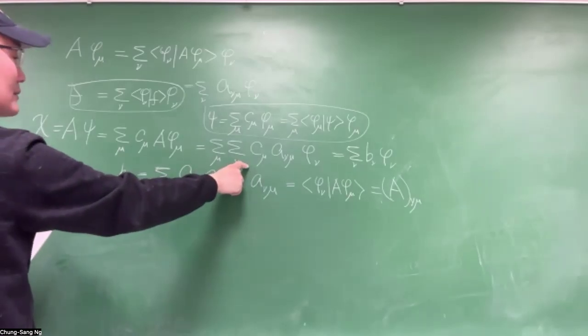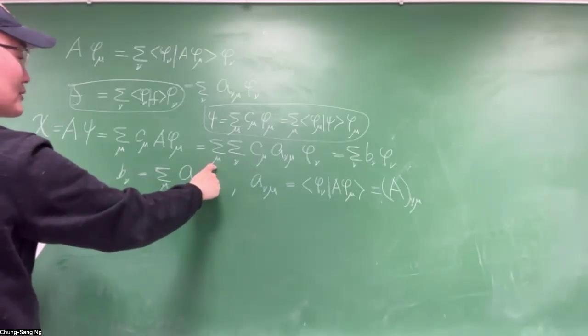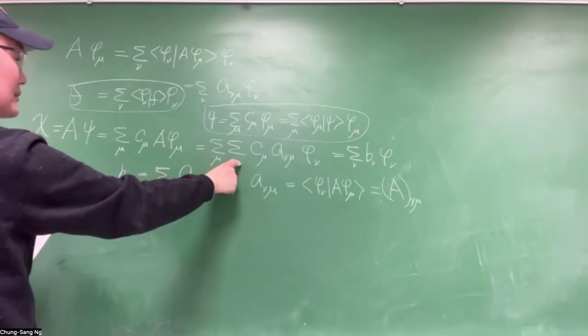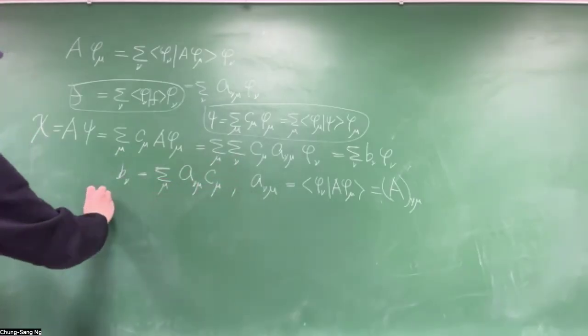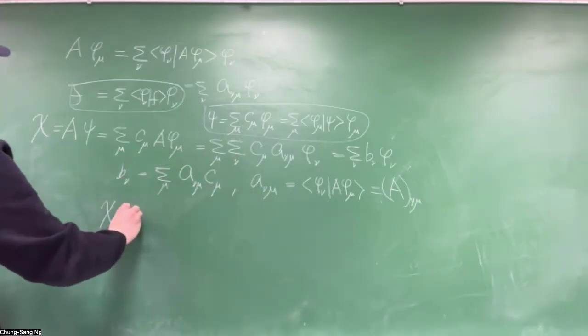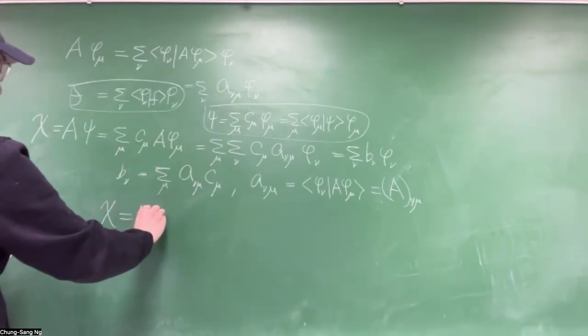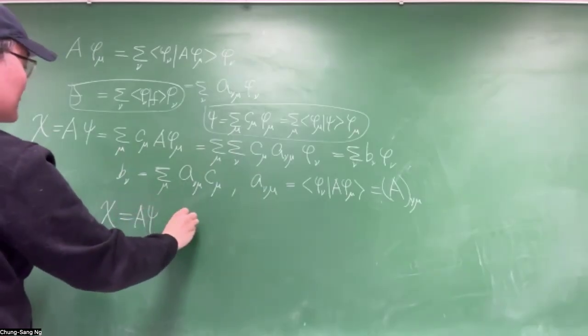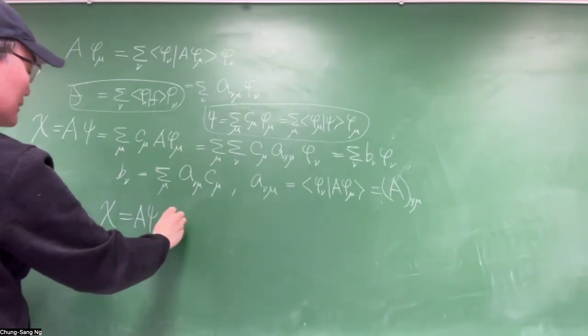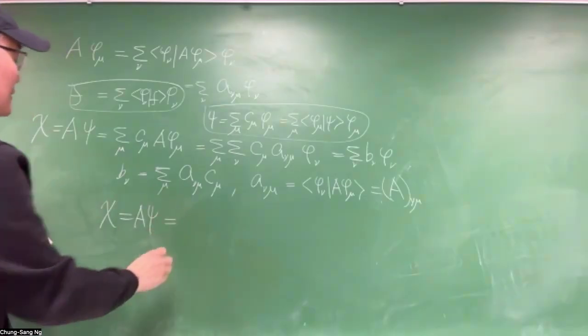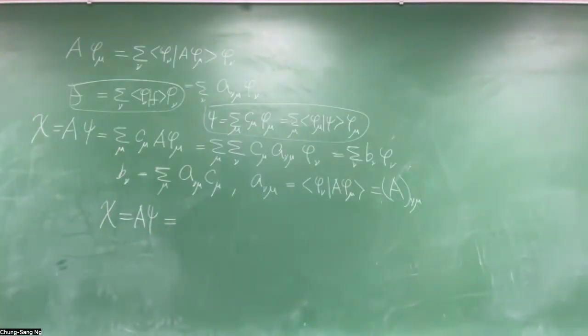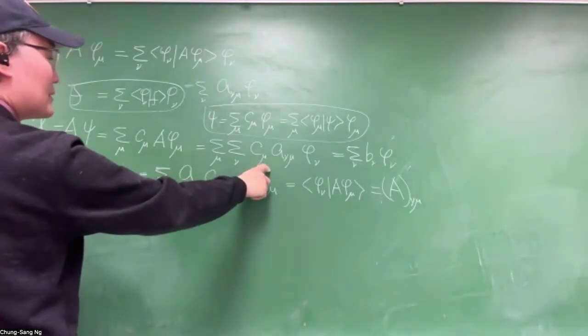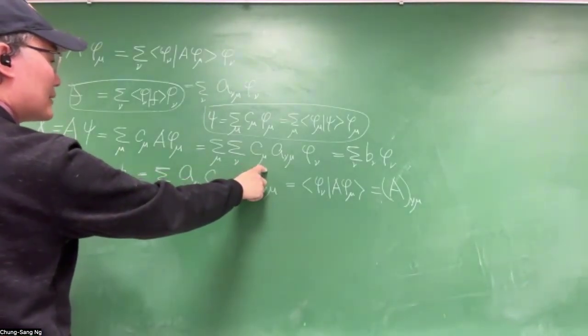So you can actually substitute all these into here. So chi is equal to A psi, which equals, now we substitute everything here.